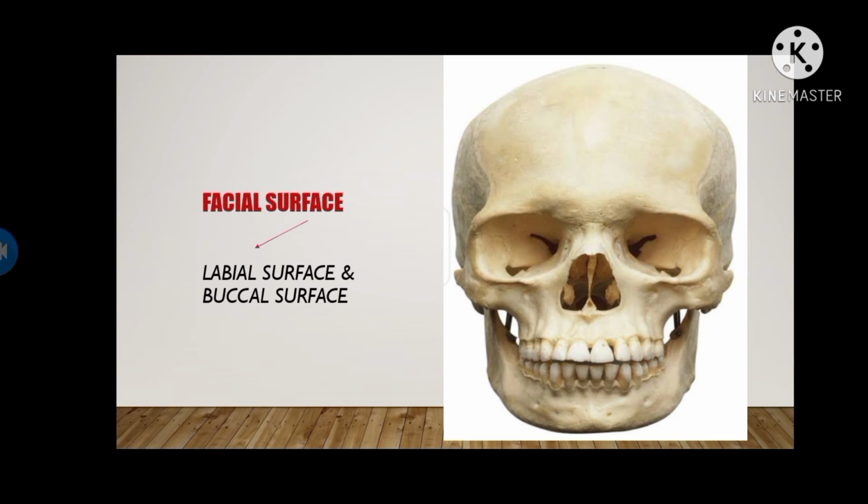There is a collective term, facial surface, used when calling it in general. But if we are talking specifically, then for anteriors, that means incisors and canines, it will be called the labial surface, and for posterior teeth, that would include premolars and molars, it will be called the buccal surface.